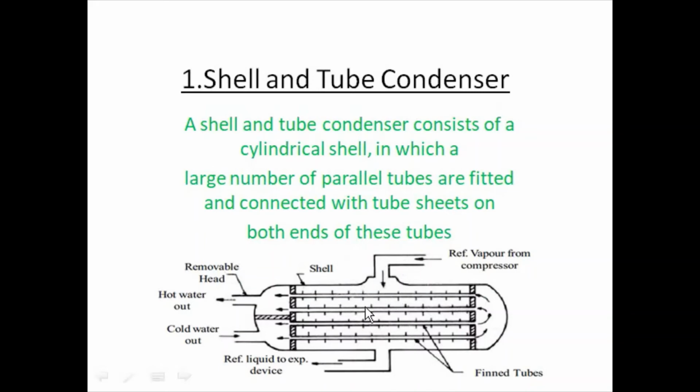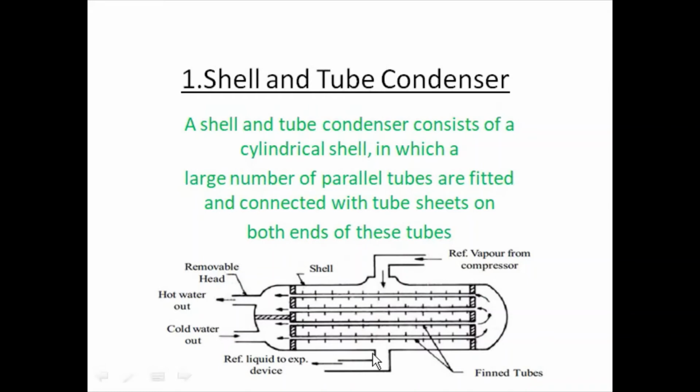When it arrives at this condenser, the heat is rejected to the cold water which is entering. Here it is cold water in, which enters this condenser and comes out at a higher temperature compared to the water that entered this condenser. This is the shell and tube condenser. It is constructed by shell and tube.